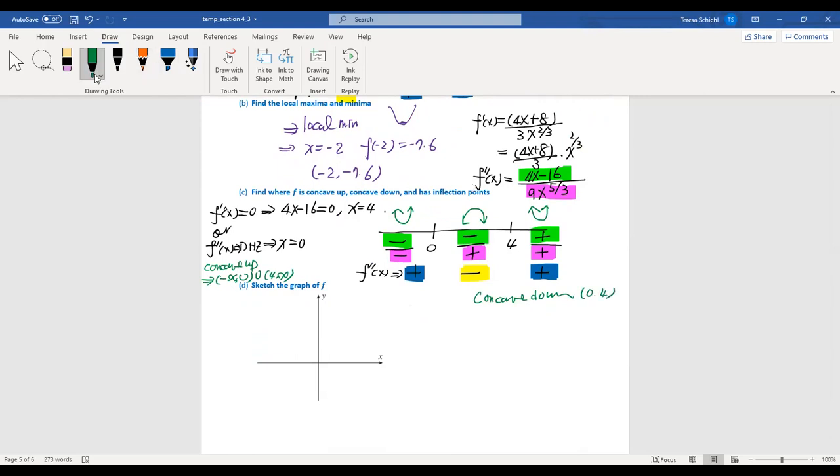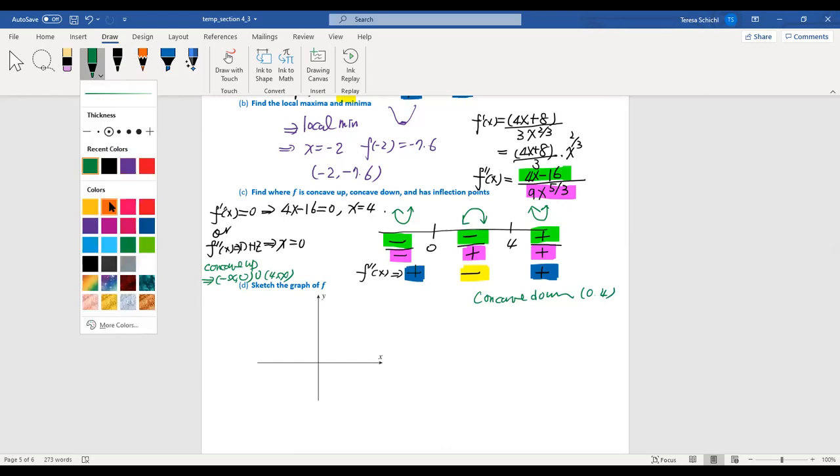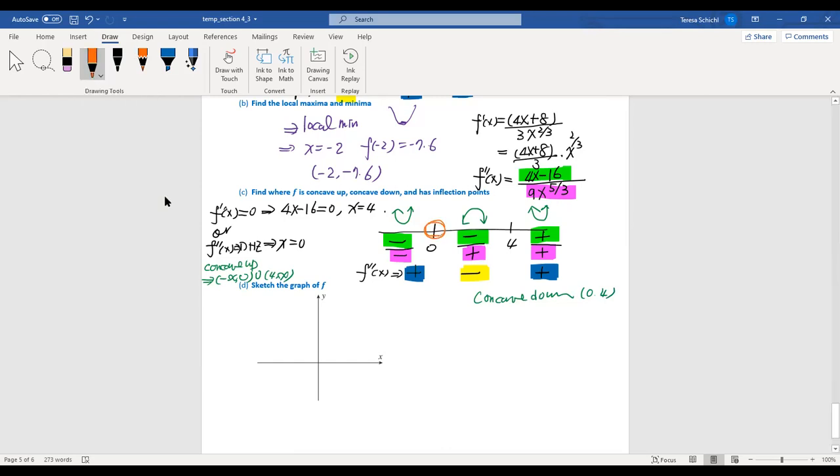So do I have inflection points here? Oh yeah, right here and here, right? This is my inflection points because those are the places where the concavity changes. So the inflection points are x equal to 0 and x equal to 4, right?